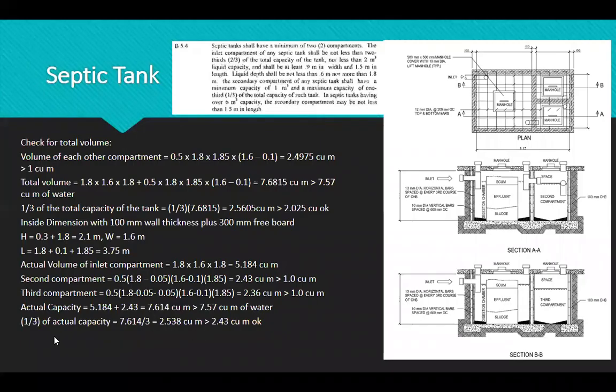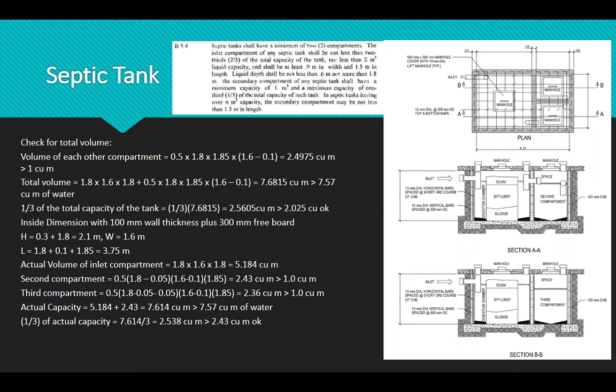So 1/3 of the actual capacity is 7.614 over 3 is 2.538 cubic meter, which is greater than 2.43 cubic meter. Okay.